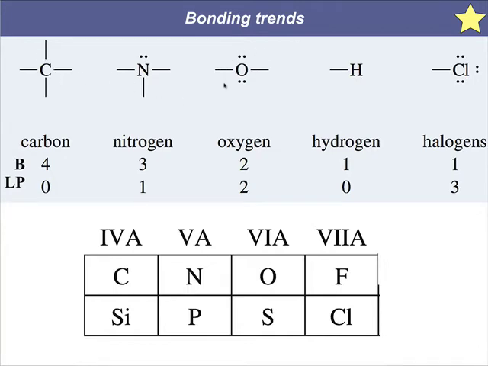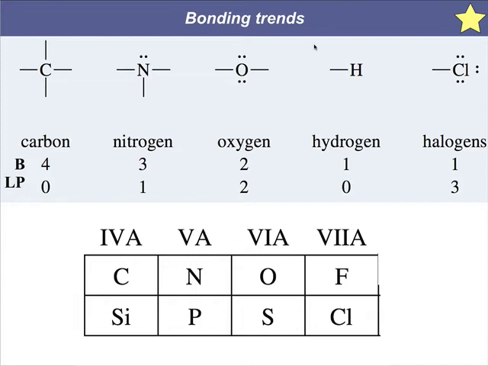Oxygen with 6 electrons is going to need 2 bonds in order to achieve that 8. Chlorine with 7 electrons is going to need 1 bond to make 8. And hydrogen with 1 electron is going to need 1 electron to make 2. Remember that only hydrogen has only a 1s orbital, so it only needs 1 electron to make that bond.